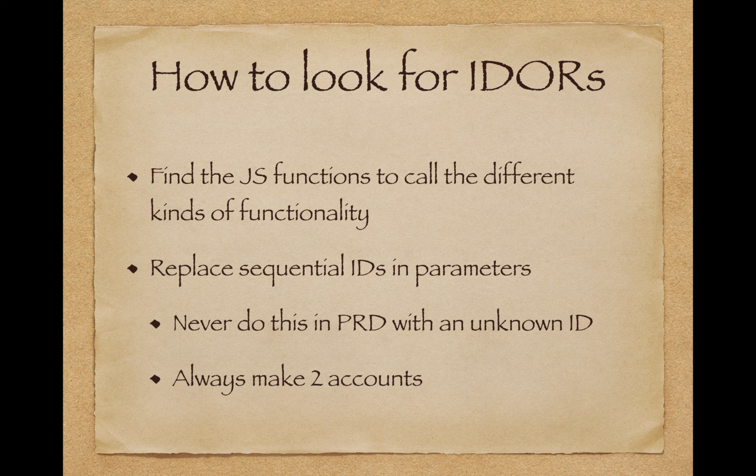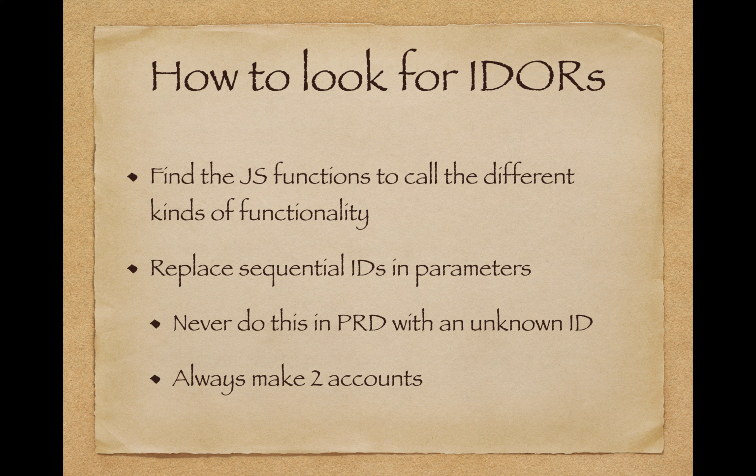Some things, you know, every single bug bounty program is probably guarded by some safe harbor stuff, but some things these companies can't protect you against. If you actually steal people's personal data, that's not good. I'm giving you this warning. Always make 2 accounts and read from each other. Never read from random people in a production environment.